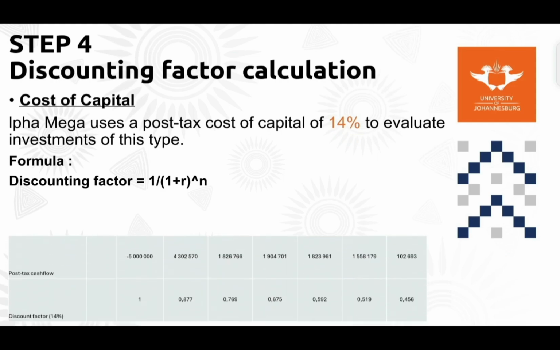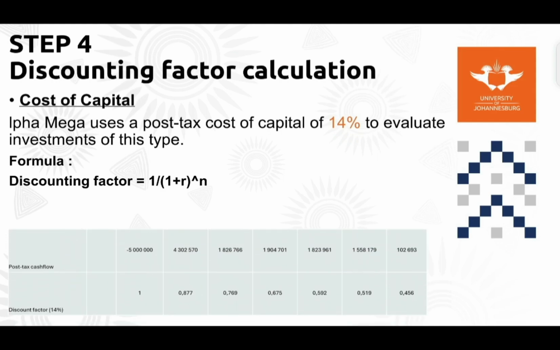So just quick with the discounting factor calculation, right? Here is the formula for discounting factor. So basically you're going to keep saying 1 over 1 plus r, which in this case is 14, to the power of, here would be 0 for this one, and then for this one would be to the power of 1, to the power of 2, to the power of 3, to the power of 4, to the power of 5, to the power of 6, right?